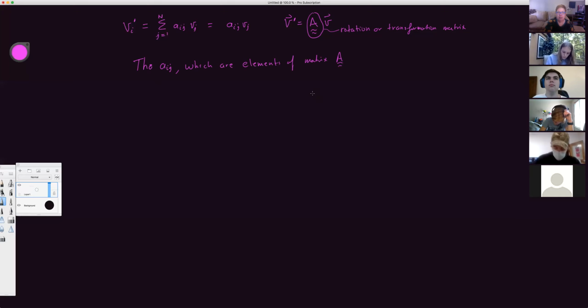And those little squiggly lines mean just matrix, right, because I can't make it bold or anything. A_ij can be written as equal to the partial derivative of the x prime i component with respect to the x j component.